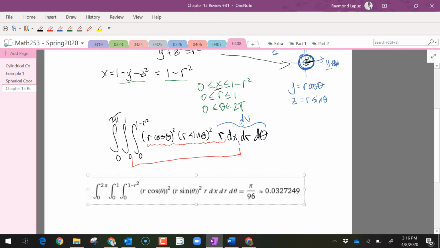So this is our result, and with the proper integration and putting in limits, that's going to be our answer. Okay, so I hope that helps.